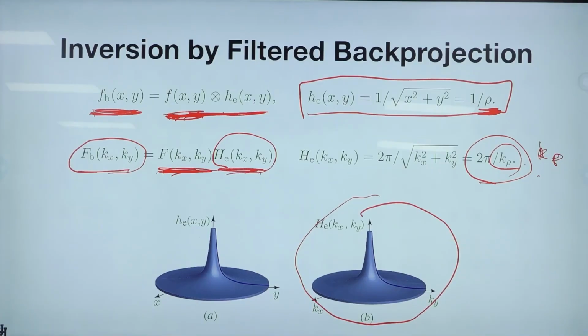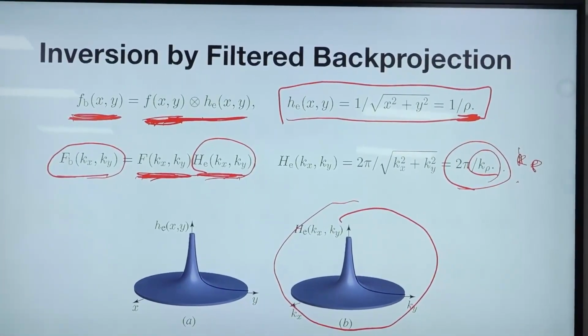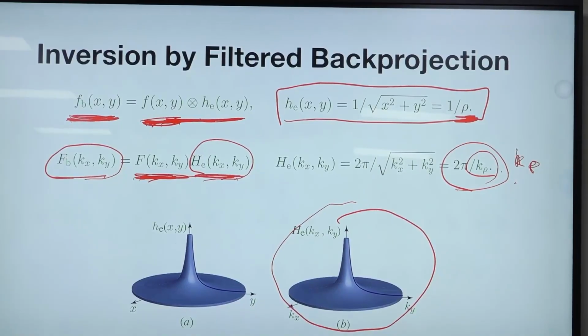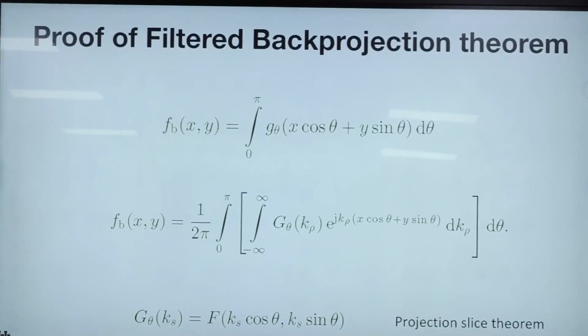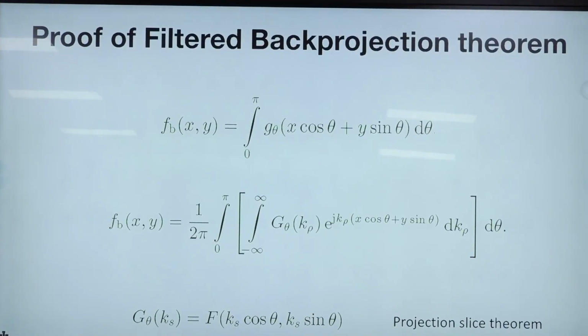This is the filter which you have to apply to the back projected data to get your original object. That's why it's called filtered back projection. You back project and apply a filter, and that will allow you to reconstruct the complete object from the measurements. Okay.